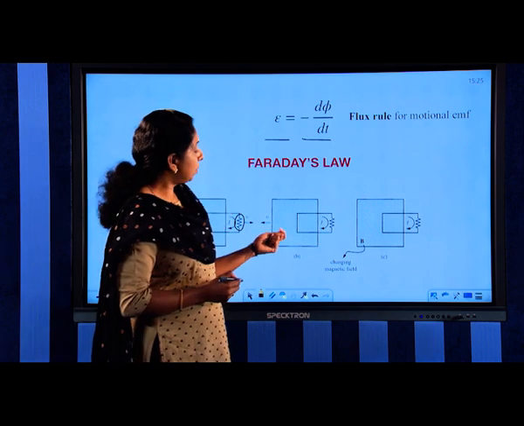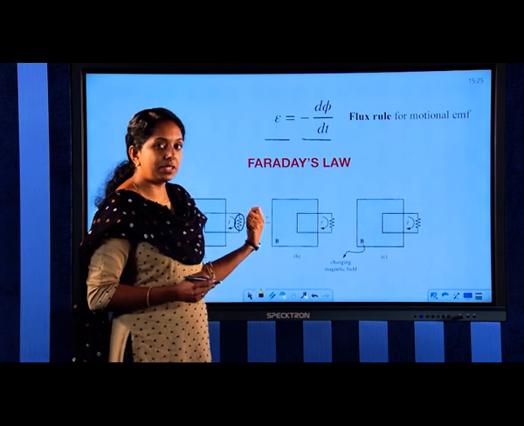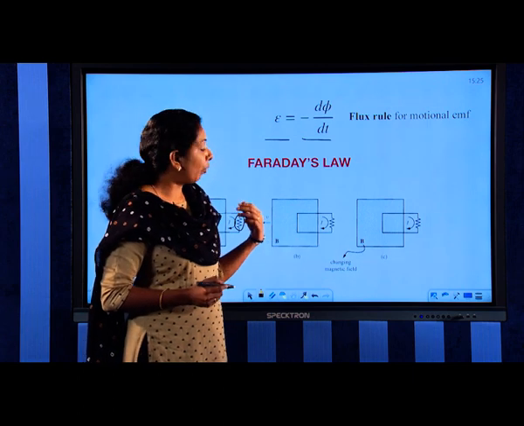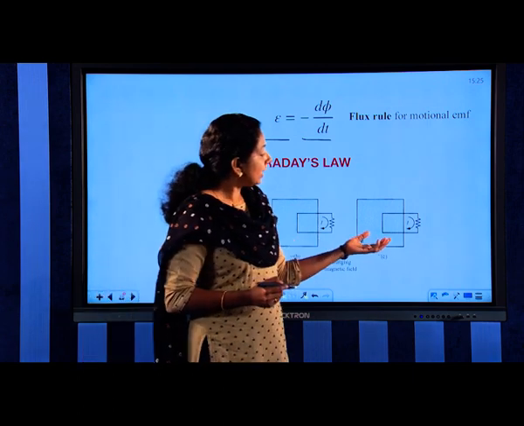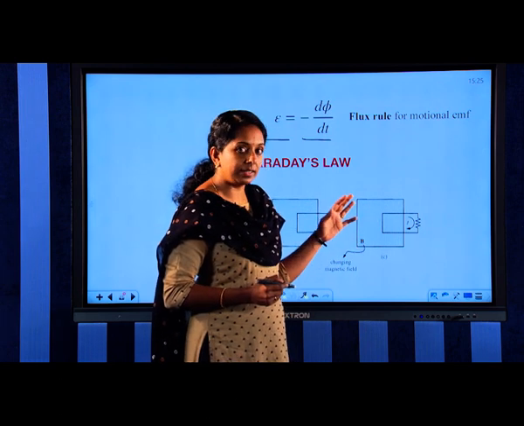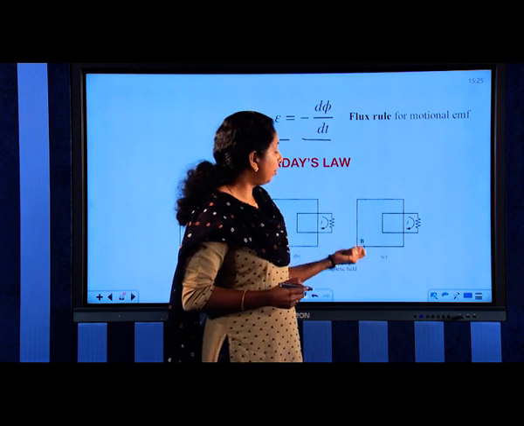In the second experiment we moved the magnet to the left with some velocity v, and in this case also we have seen a current is flowing through the circuit. In the third experiment we kept the magnet and the loop at rest, but we changed the strength of the magnetic field.